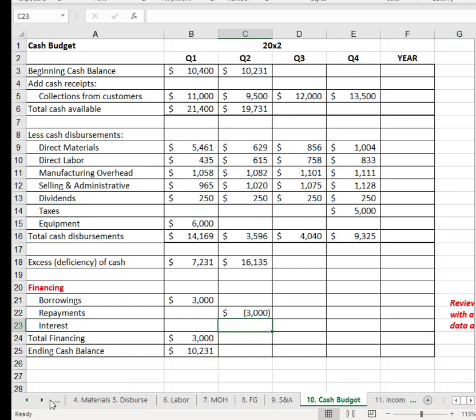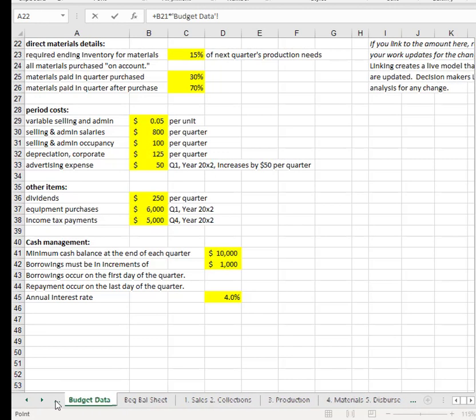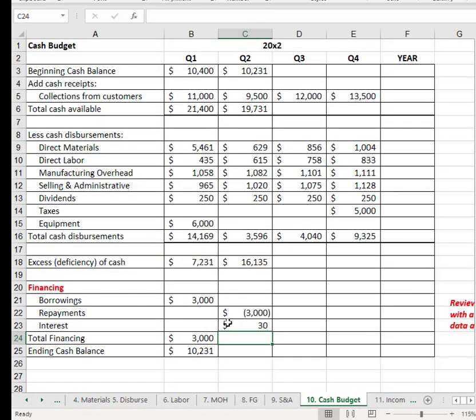Interest was 4% a year, so that's 1% a quarter, and we'll link to that. So there, times 4% divided by 4. There will always be 4 quarters in a year, so that's one of the few things that you can type in.